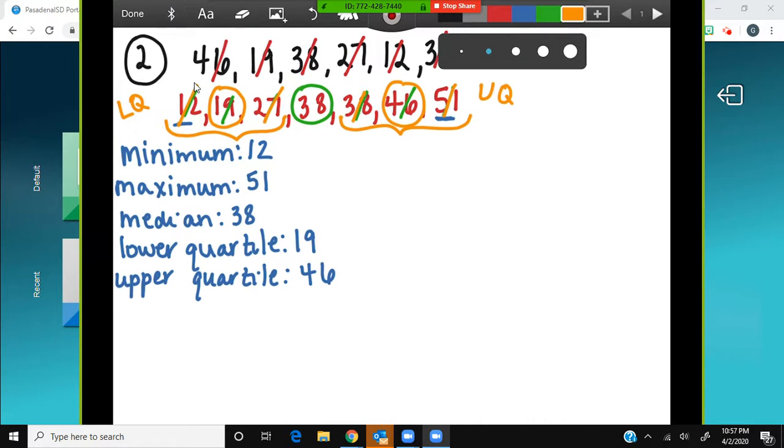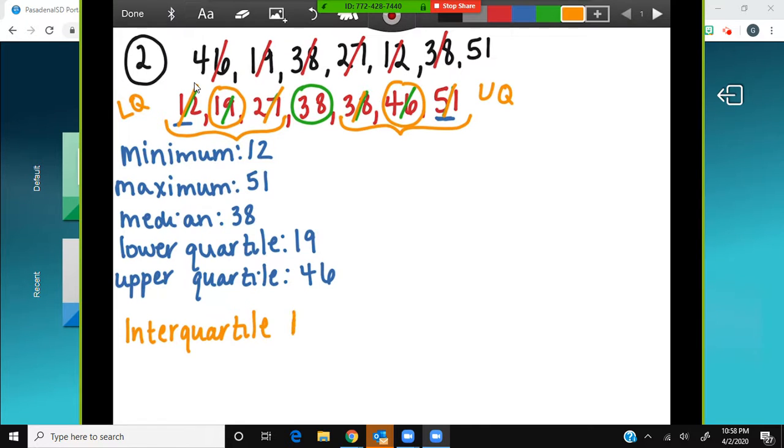Now, this problem does not ask for the interquartile range, but I'm going to go ahead and go over how to find this. Interquartile range. Notice how this term has the word range in it, and we should know that range alone stands for the highest value subtracted by the lowest value.